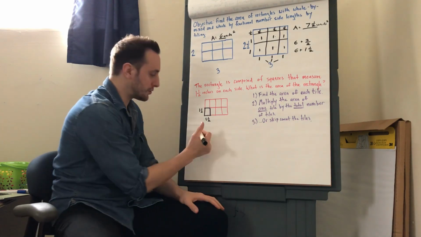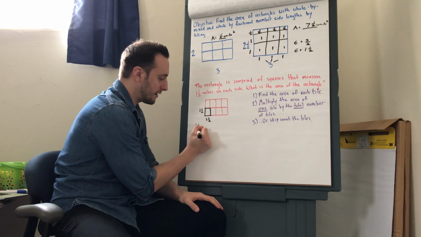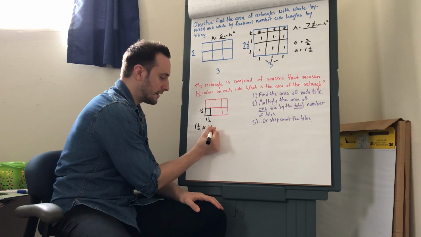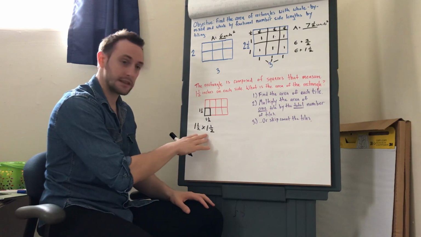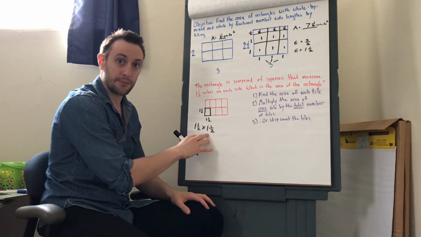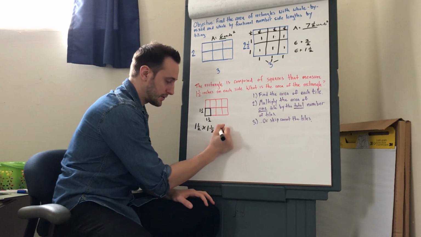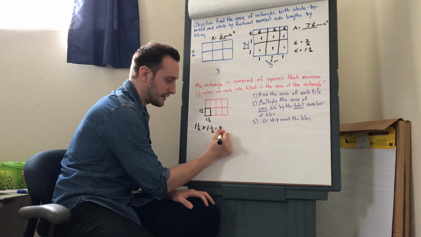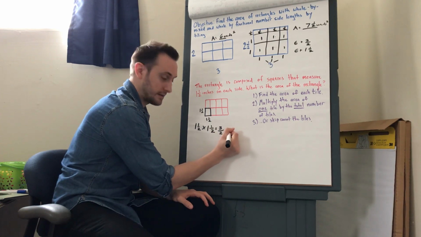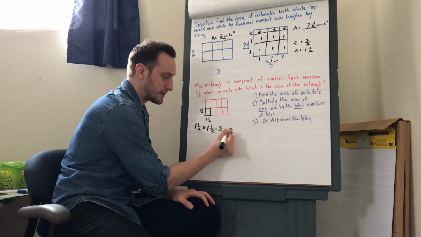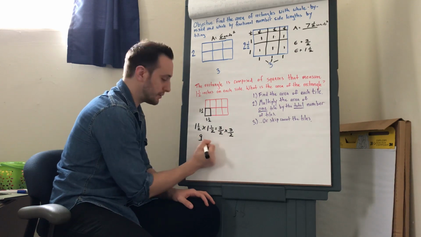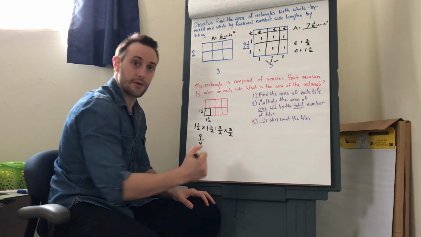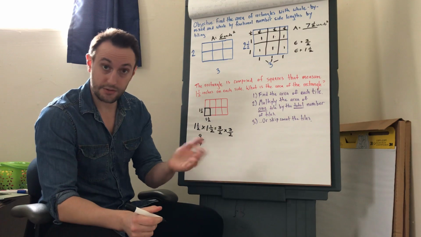Okay, so let's go ahead and do 1 1/2 times 1 1/2. This is step 1. So I'm going to make these improper fractions, which is going to be 3/2 times 3/2. So 3 times 3 is 9. 2 times 2 is 4.